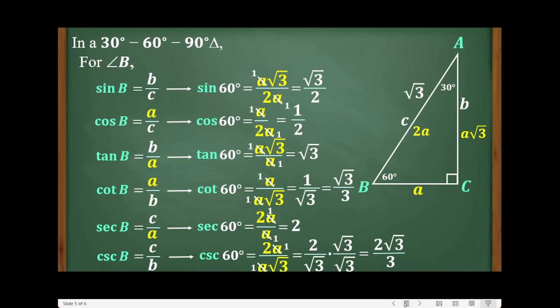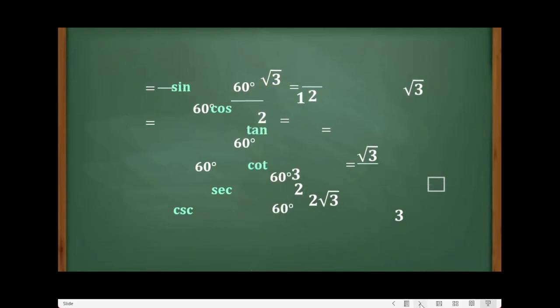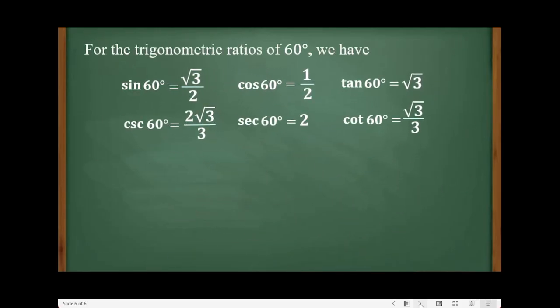Okay, at this point, I have just finished discussing the sine of 60 degrees to cosecant of 60 degrees. Now, for the trigonometric ratios of 60 degrees, we have these 6 values.